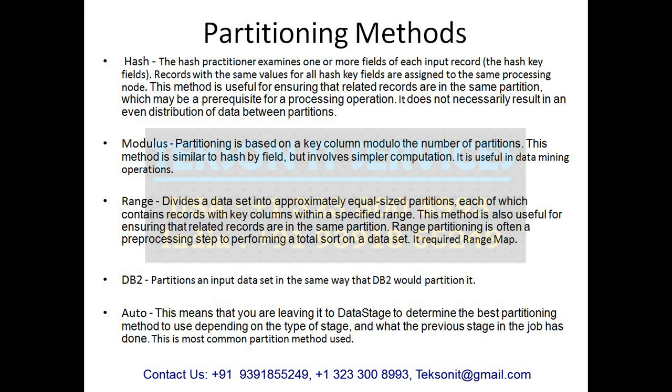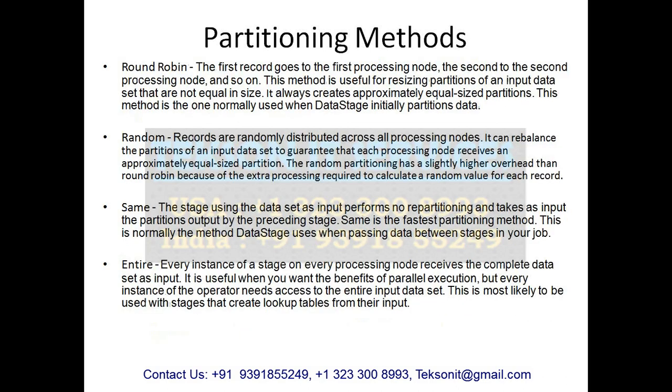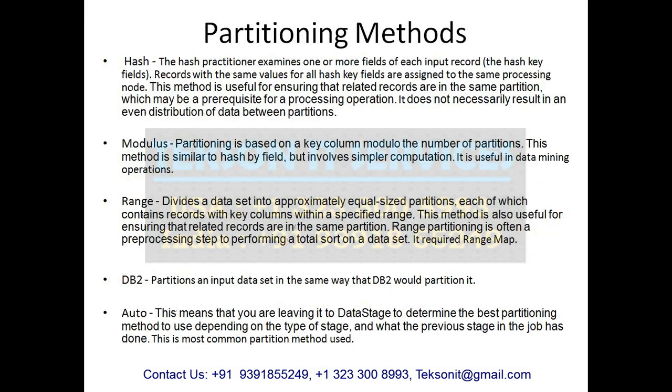So while designing a job, you need not worry whether to use round robin, random, entire, or hash. Here automatically means it will choose any of the partition methods, that is round robin or hash. DataStage has that much intelligence.